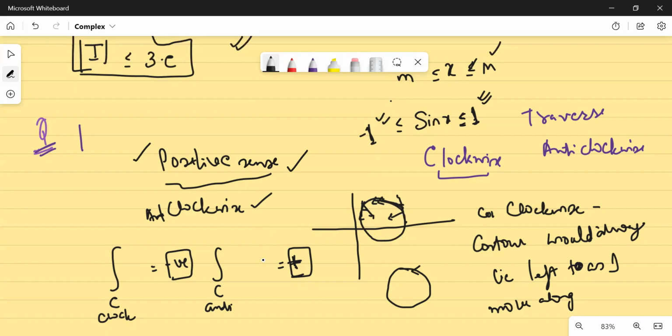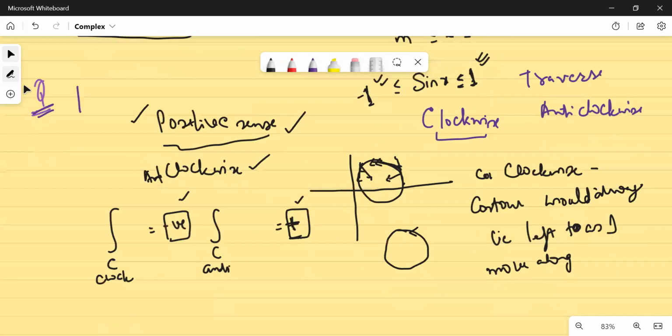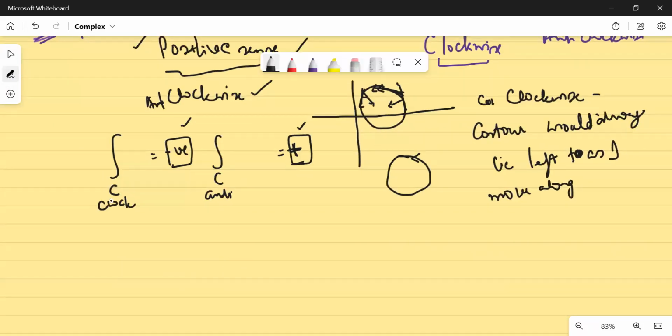So whenever I'm moving clockwise, I have to multiply with a negative, and if I'm moving anti-clockwise, whatever answer comes is the answer. Whenever someone says I'm moving clockwise, you have to multiply with a negative also, because that is a negative sense of rotation. Are you getting my point? This holds only when you are moving on closed contours. Yes or no?